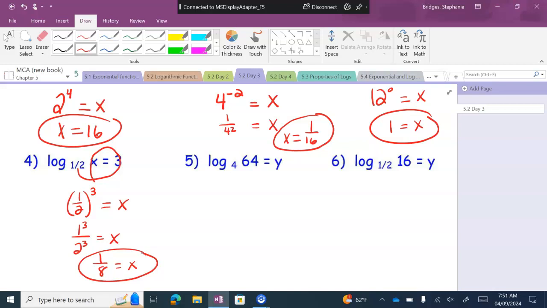Just like yesterday, taking it to exponential. I'm going to go 4 to the y power equals 64.